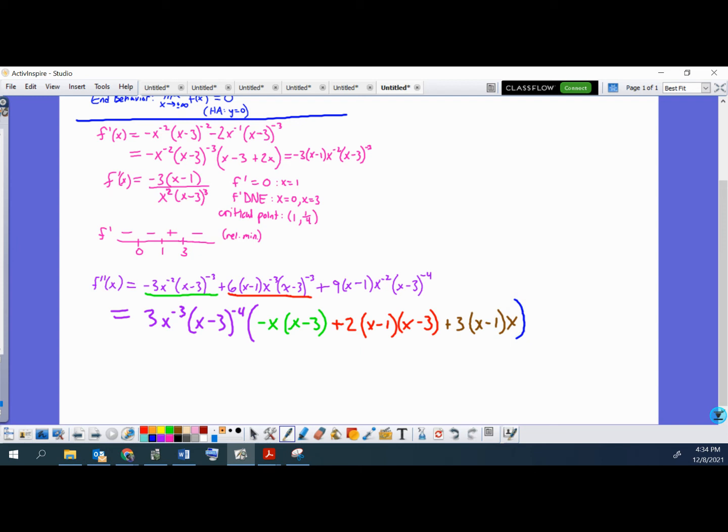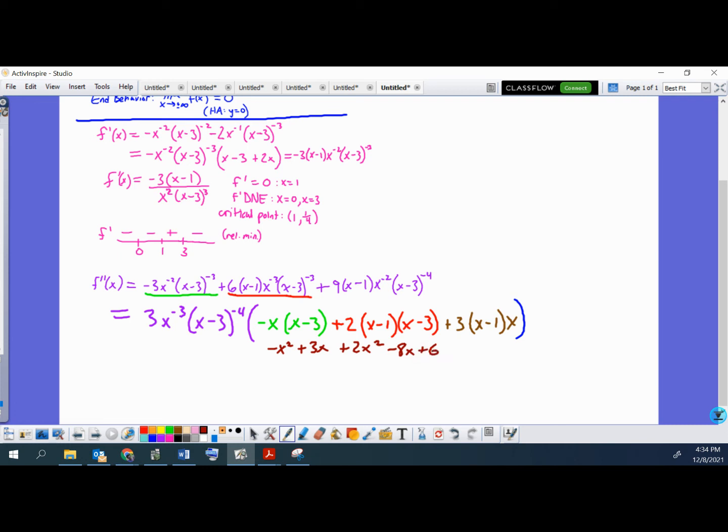And what I'm going to do is just do a quick simplification here. So this is negative x squared plus 3x. This is plus 2x squared. And then I got a negative 3x, and a negative x is a negative 4x. So negative 4x times 2 is going to be minus 8x. And then plus 3 times 2 is plus 6.